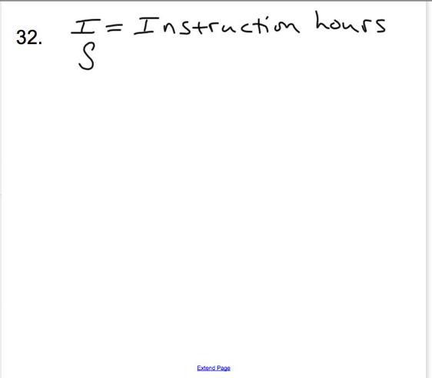Before anything else, though, I should probably define variables. For me, I'm going to use the variable I for instruction hours, and I'm going to use the letter S for simulator hours.